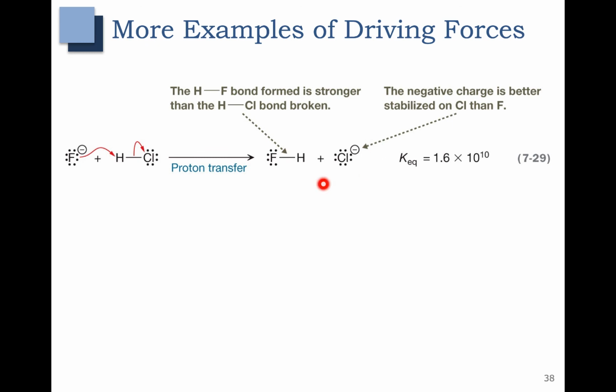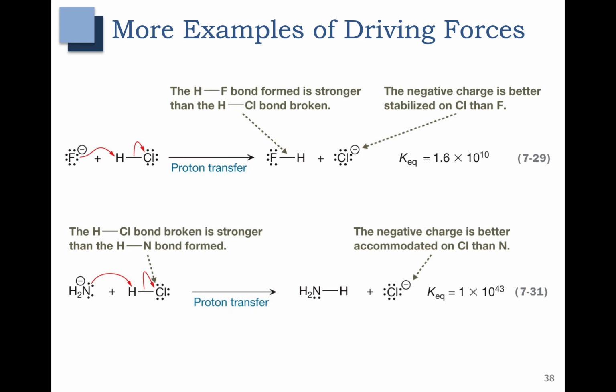The size of chlorine is going to help stabilize the negative charge better. Also, we're going from a less stable hydrogen-chlorine bond to a more stable hydrogen-fluorine bond. These two reasons are going to make the reaction occur, and notice we have a pretty big KEQ here, which indicates that this is a favorable reaction and it will occur.